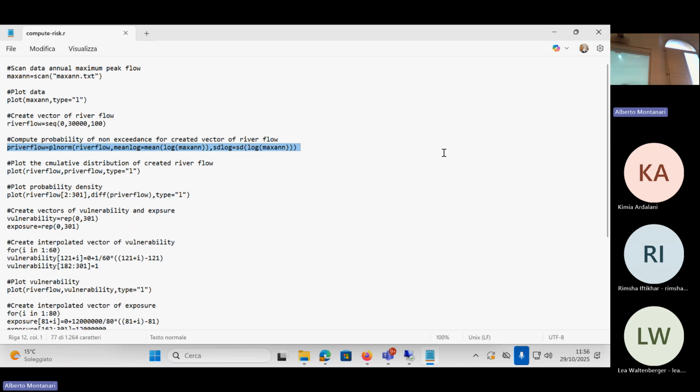However, for the mean and standard deviation, you have to take the logarithm, because they want the mean of the logarithm, not the mean of the data, and the standard deviation of the logarithm. So you see why there is the computation of the logarithm of the data before taking the mean. Okay, so let's make it on the other window.